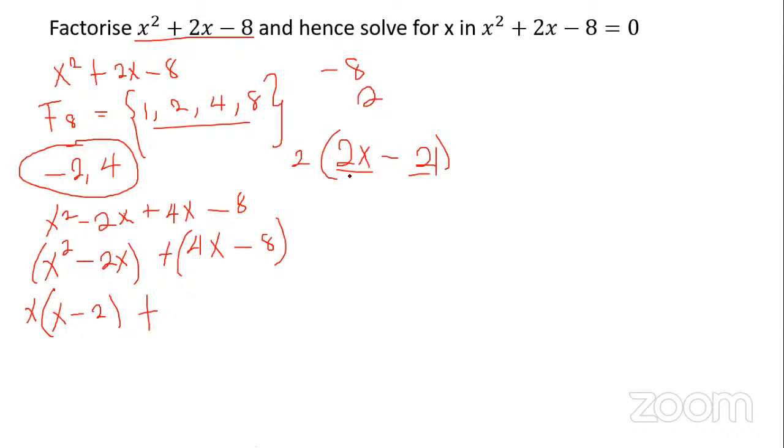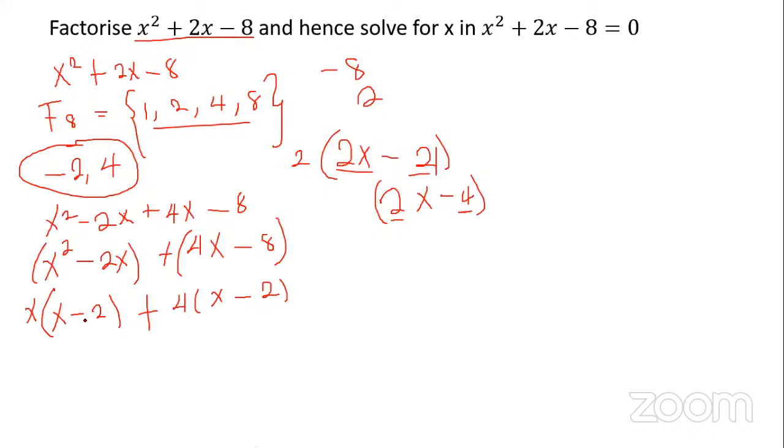Thank you. What I'm trying to mean is that the 2x minus 4 can still be simplified because they have a number that can divide both of them. It is 4. Thank you. So 4, what remains inside? x minus 2. So we have our x minus 2 appearing 2 times.